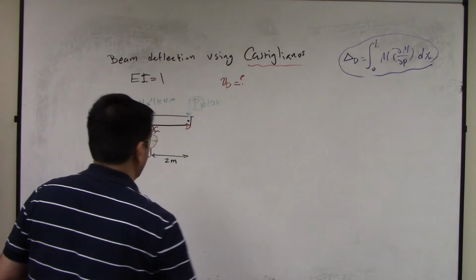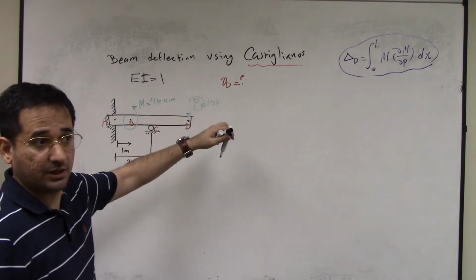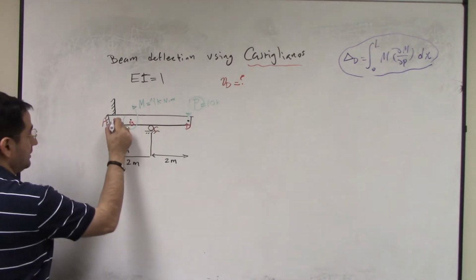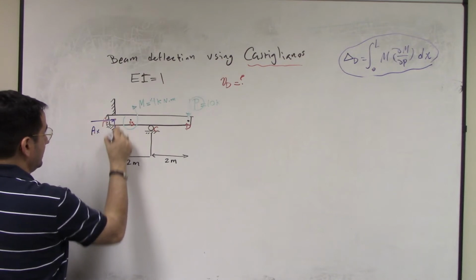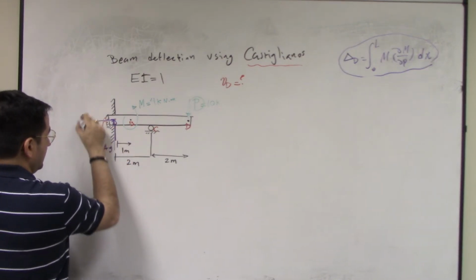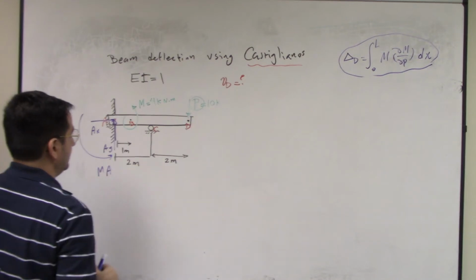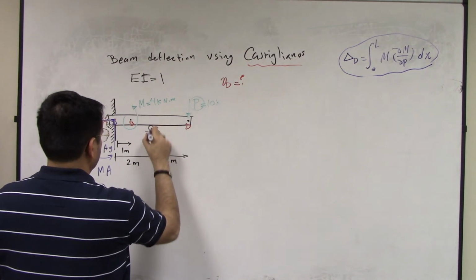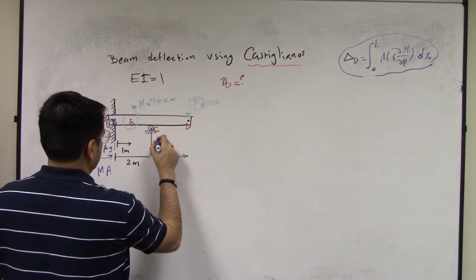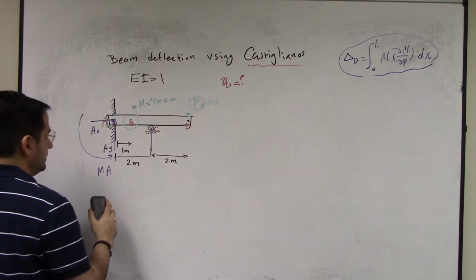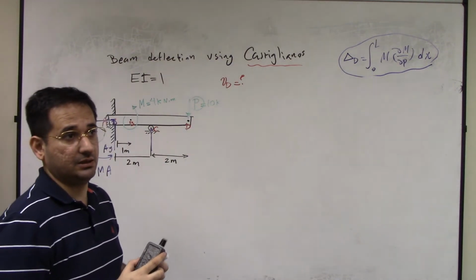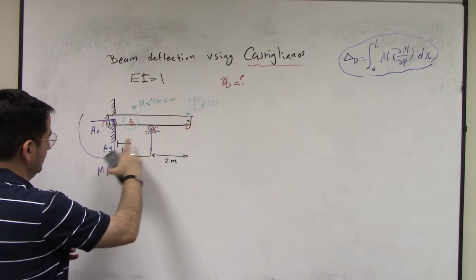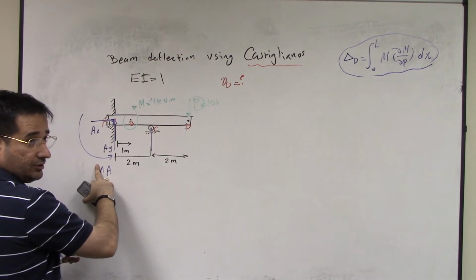So you want to find the moment relation. Again, you have several different ways to do that. I use Heaviside. So here at A, you have AX, AY, and MA. And then here you have CY. You know what? This becomes statically indeterminate because there are 4 unknowns.